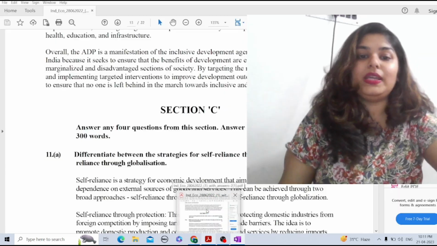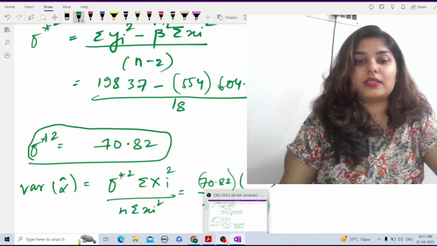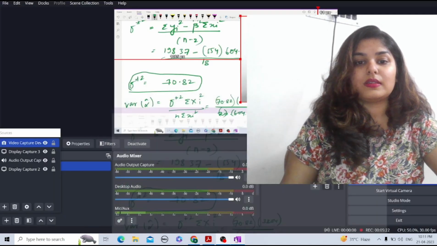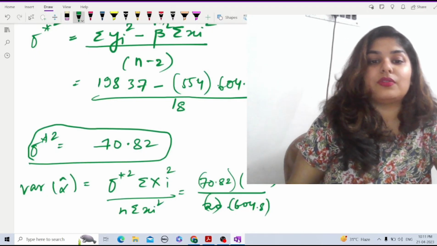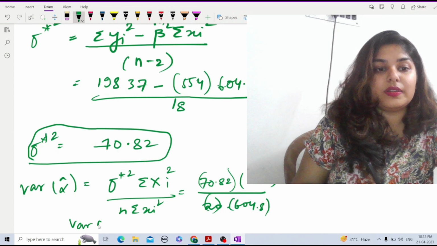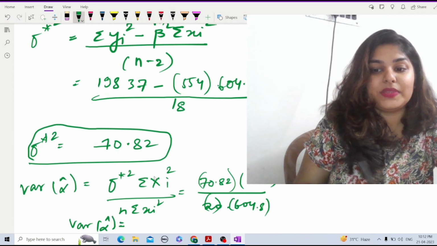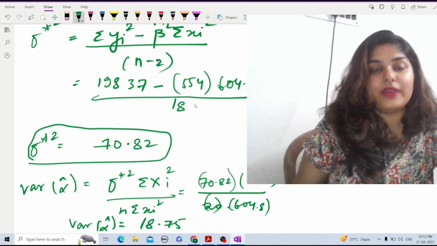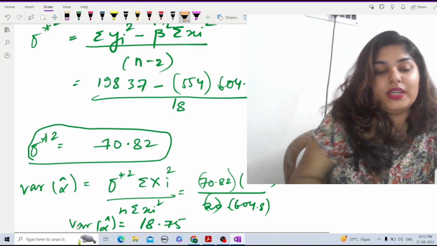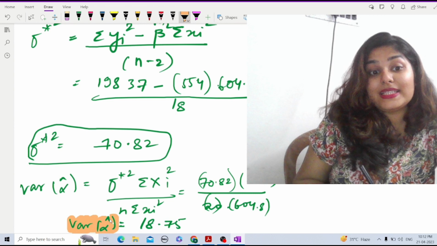If we calculate it, the variance of alpha hat is 18.75. Let us highlight it because later on we will need the standard error values as well.